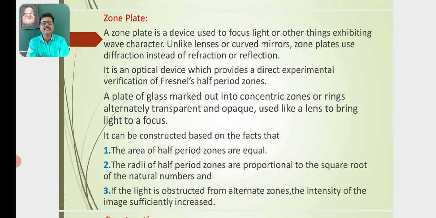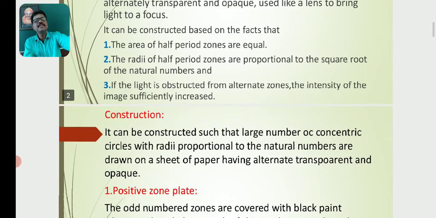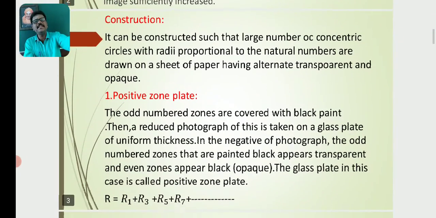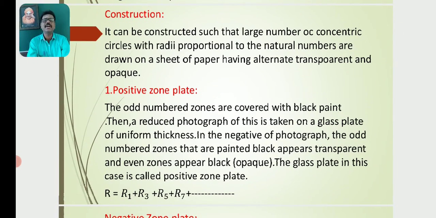Third, if the light is obstructed from alternate zones, the intensity of the image is sufficiently increased. So these are some of the things we need during the construction of zone plates.